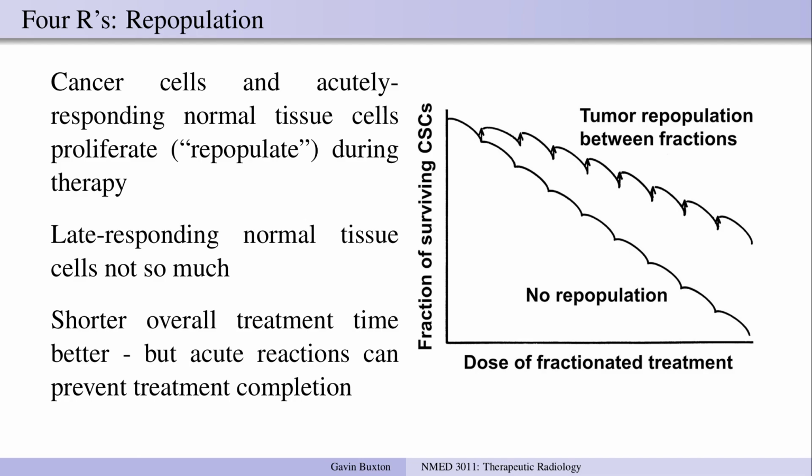This is the biggest failure of radiotherapy, and that's why accelerated regimens are so attractive, but generally don't work. We want to reduce tumor repopulation by decreasing the total time over which radiation is delivered, but at the same time, not at the expense of the patient.